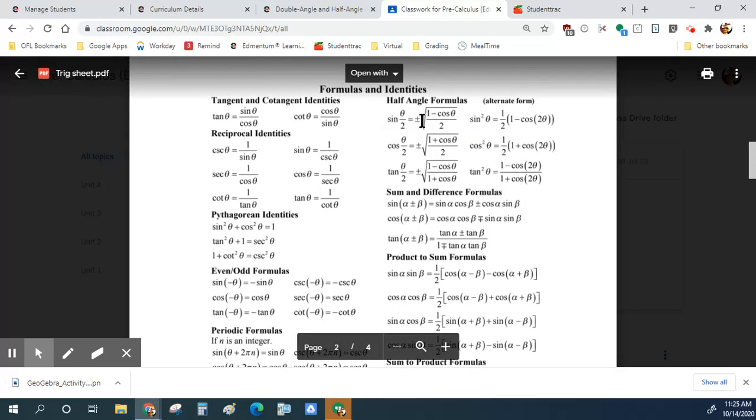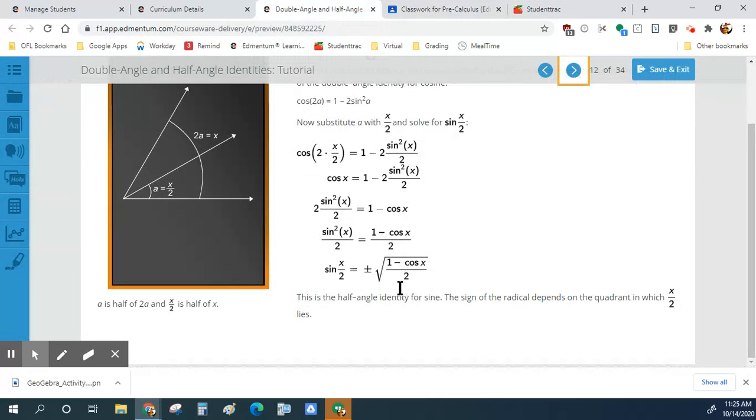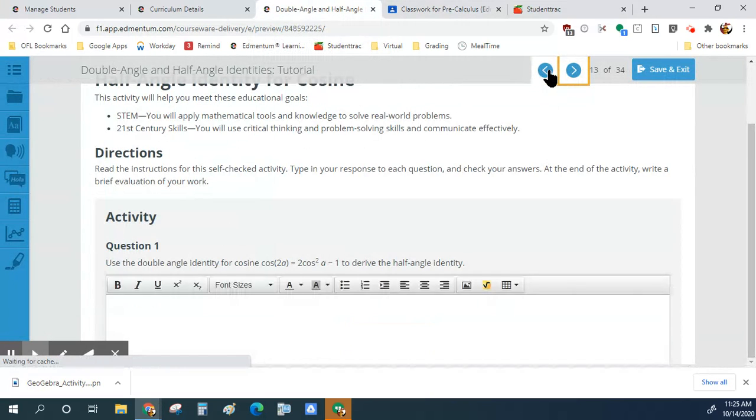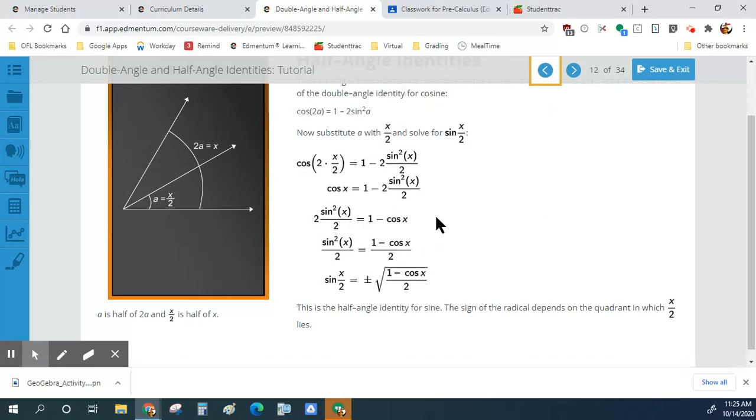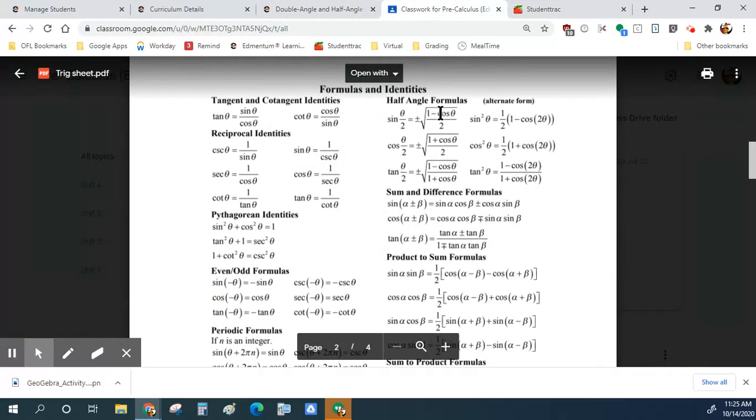But our half angle formulas are also saved up here. If you guys need them, all the half angle formulas are right here. And they also have alternate forms. I don't think so, because it looks like they're mainly focusing on the main form. That's a good question. I don't think so. The main difference between the alternate forms is that if you have it as a square, you can still derive it.